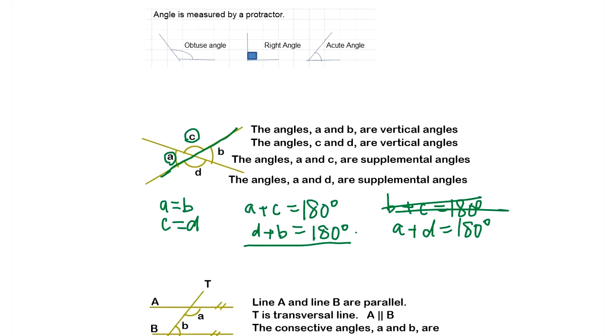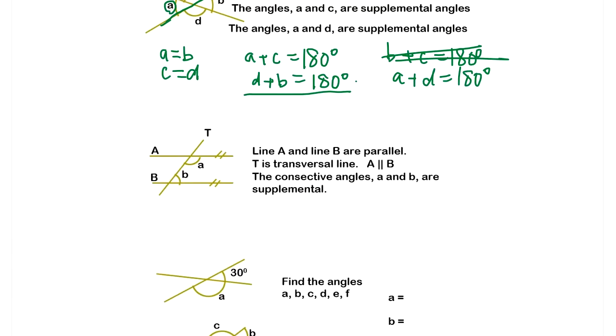And parallel lines. You also learned parallel lines. What is a parallel line? Okay, a parallel line is defined this way at the elementary level, when you first learn. A and B are supplemental. Why? B equals C. So this is part of the definition.